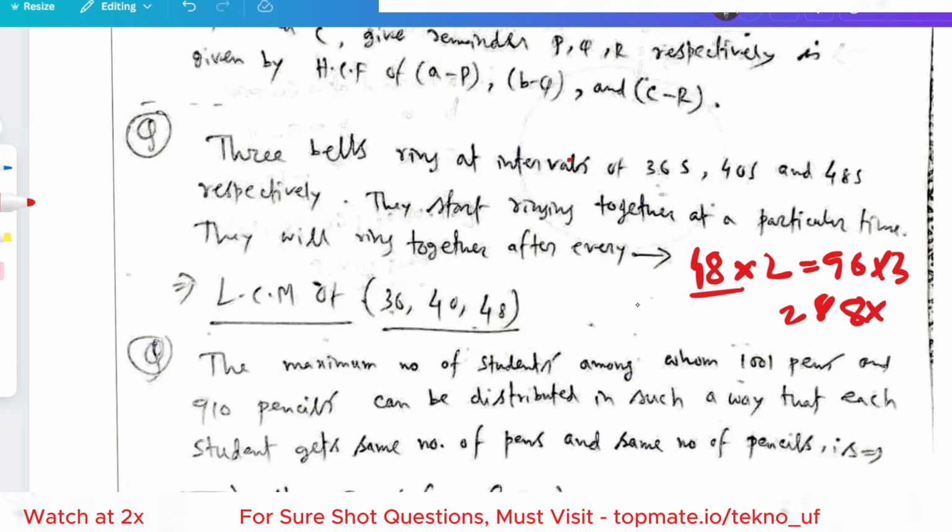If we are going with 8, 8 into 1 is 8, 8 into 2 is 16, 8 into 3 is 24, and 8 into 4 is equal to 32. And 8 into 5 is equal to 40, then 48, right? So this is the circle.